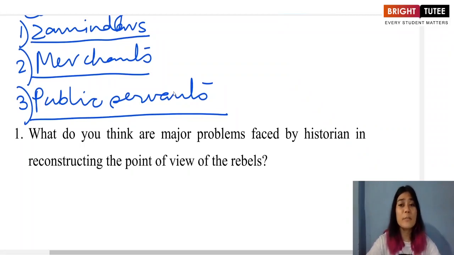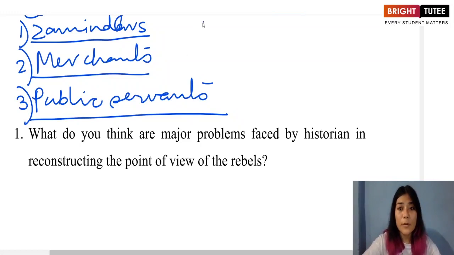The Indians were never recruited for higher positions. The lower positions were given to the Indians, but they were not paid well, they were not respected, and they were exploited. So that's why the public servants were also furious towards the British government.